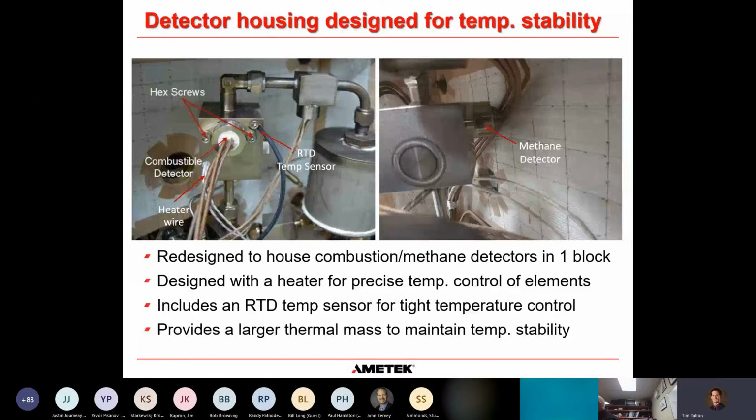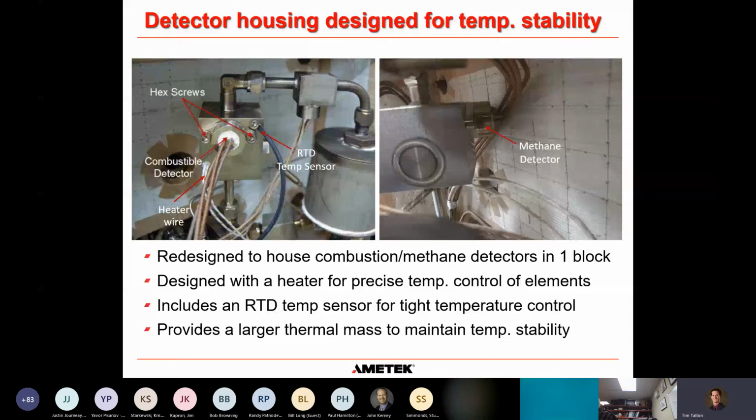And then you may also notice that it's a pretty big thermal block, and that provides additional thermal mass for greater stability. So these detectors are built into this combustibles block, and it's designed with very tight temperature control so that we make sure those catalytic bead elements are operating at a stable temperature without any external fluctuations.